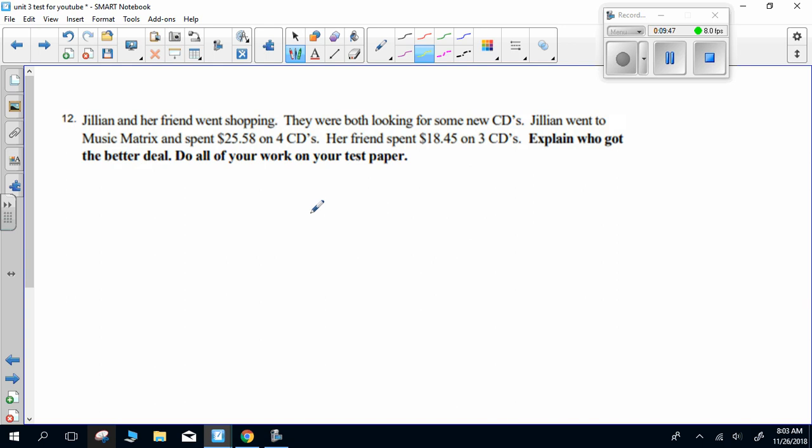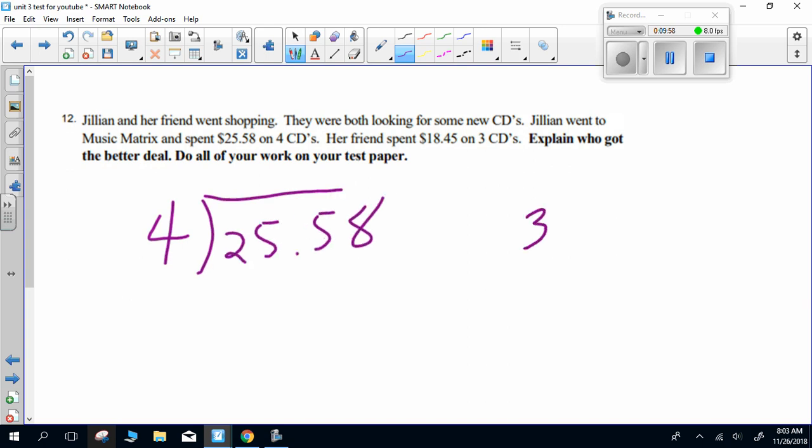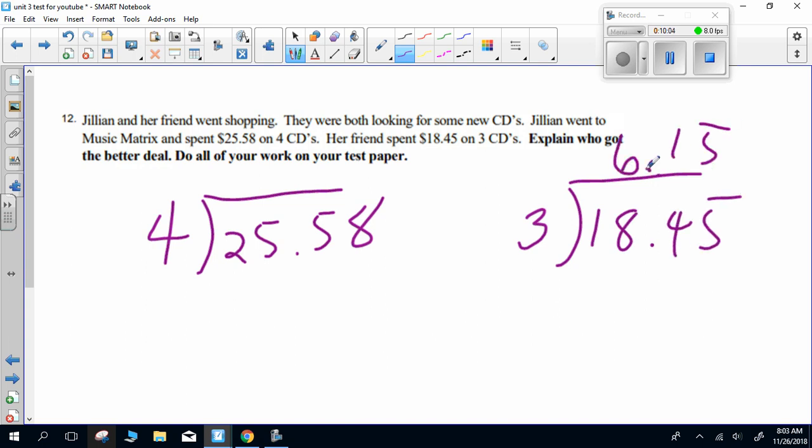Okay, next one. Jillian and her friend went shopping. Jillian bought 4 CDs for $25.58, and her friend bought 3 CDs for $18.45. So I need to divide each of those to get my prices.